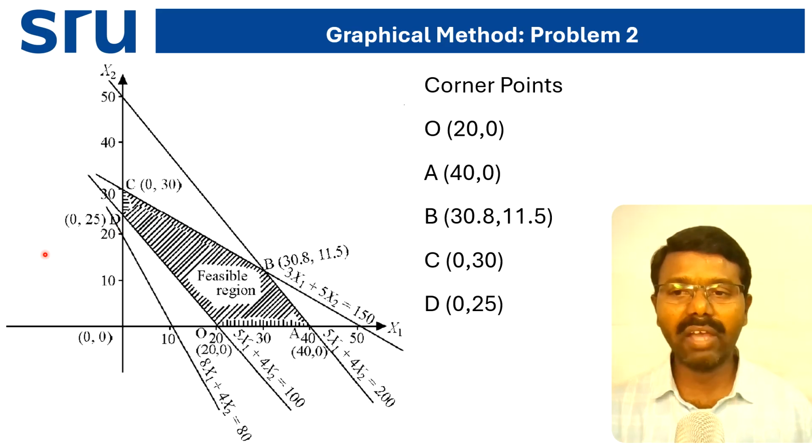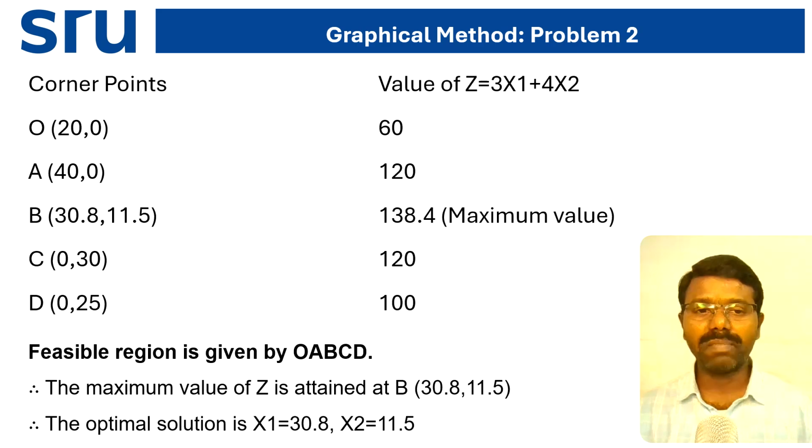So O, A, B, C, D are the corner points of this feasible region. Now we need to see where we are going to get the maximum Z value. For that, we need to substitute each point in the objective function, Z is equal to 3x1 plus 4x2.